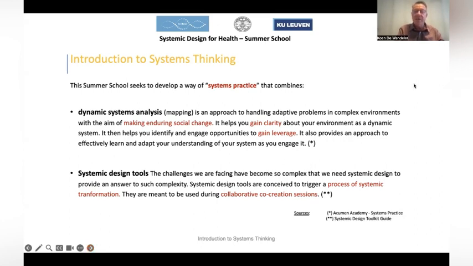First of all, we have systemic systems analysis and mapping, which is a way to approach adaptive issues in complex environments. Adaptive means that these issues keep changing over time according to external or internal changes. That makes them extremely complex.